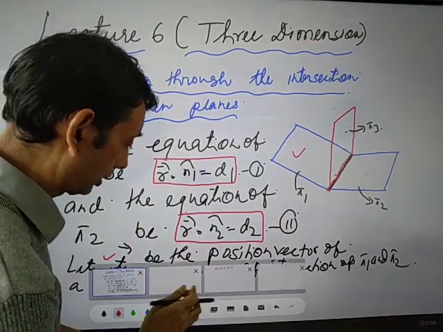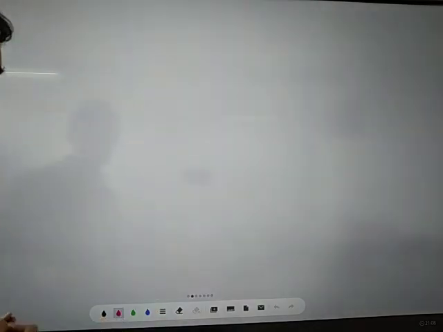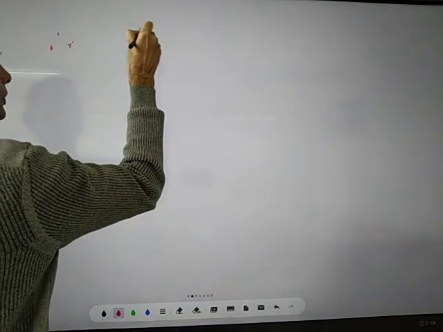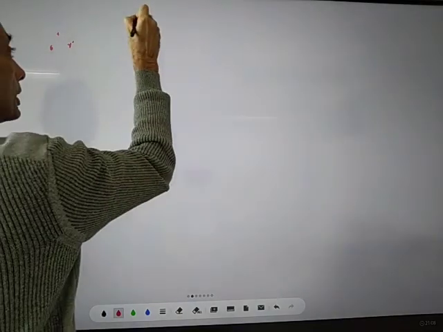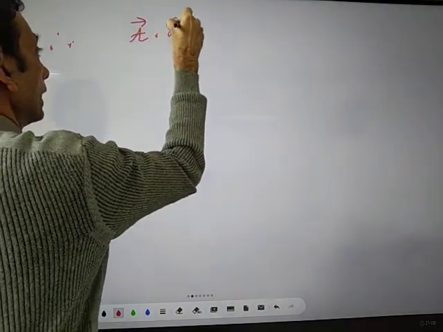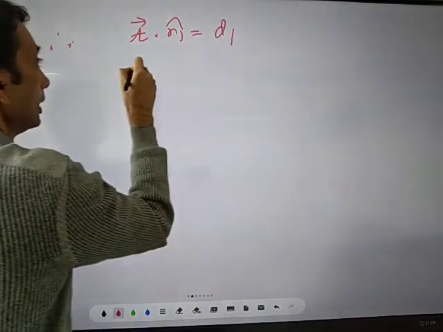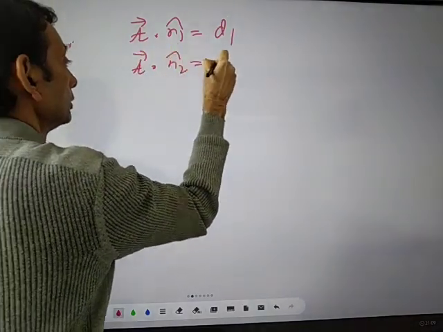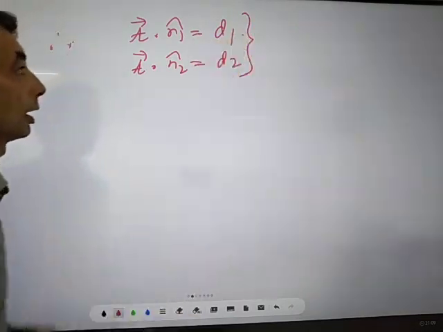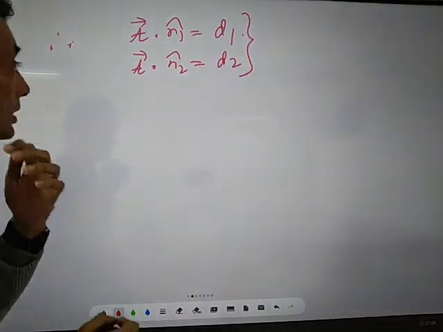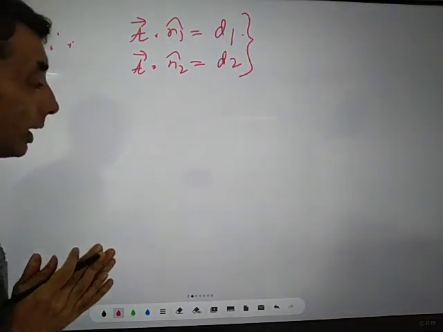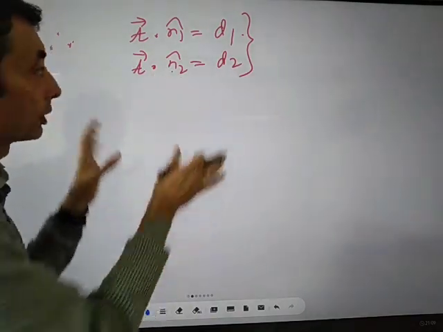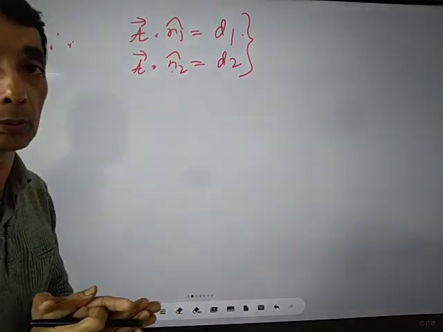Therefore we can write, replacing r by t, t dot n1 cap equal to d1 and t dot n2 cap equal to d2. Now these two equations can be combined: we take any real number lambda, multiply equation 2 by lambda and add it to equation 1.